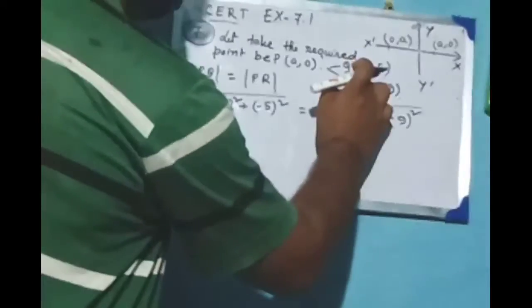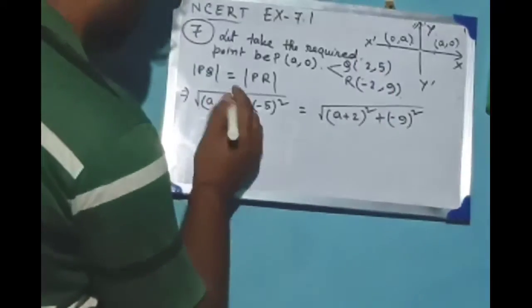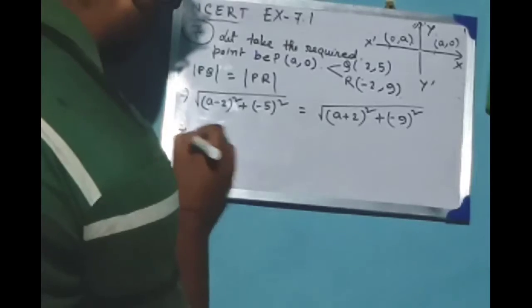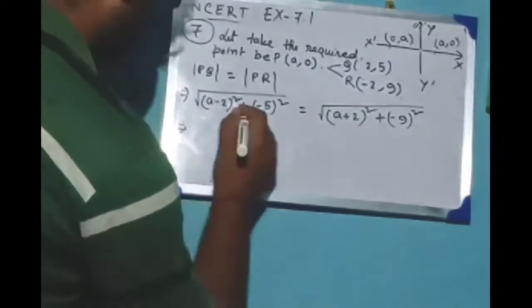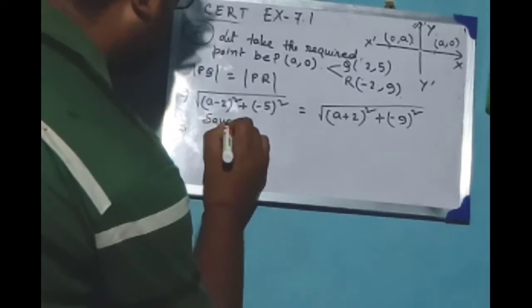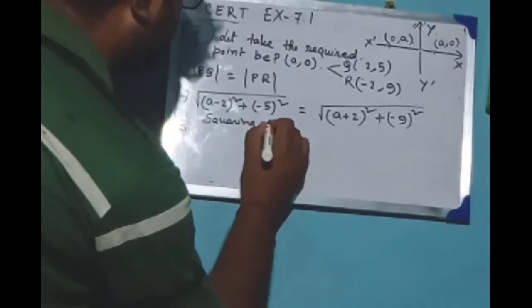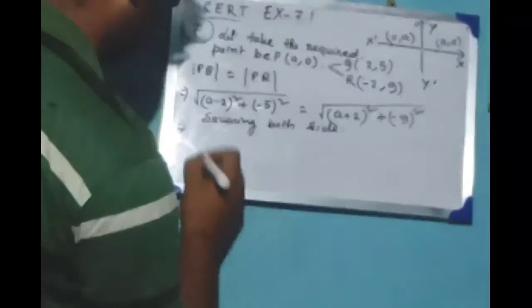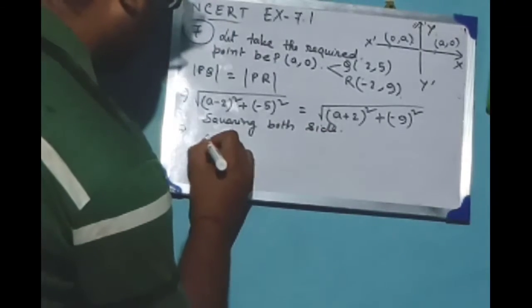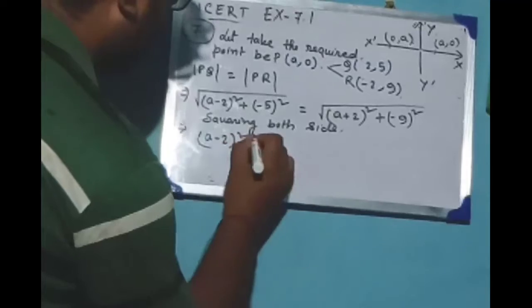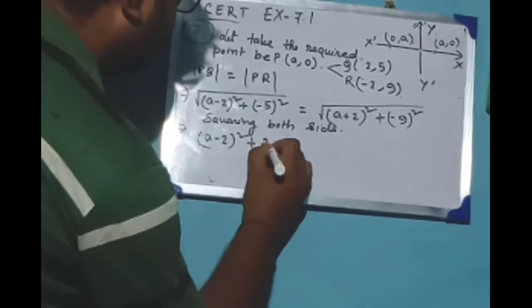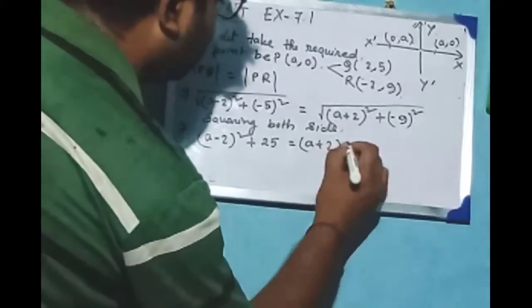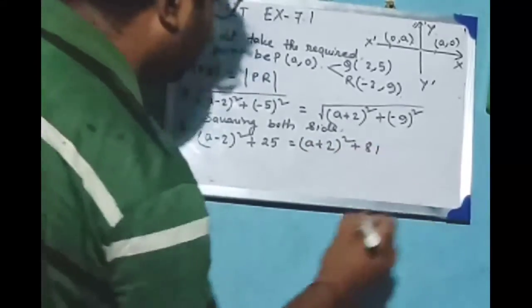Squaring both sides, we get (a minus 2) whole square plus 25 equals (a plus 2) whole square plus 81.